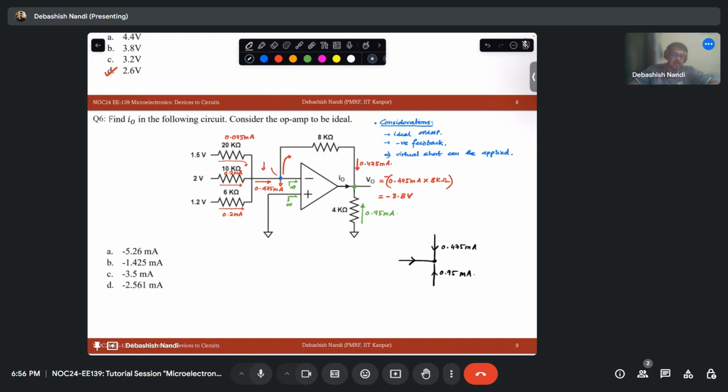It will be simple KCL. Applying KCL at the V0 node, I am also naming the node V0. Don't confuse that it is a voltage. For your satisfaction, let's call it O.